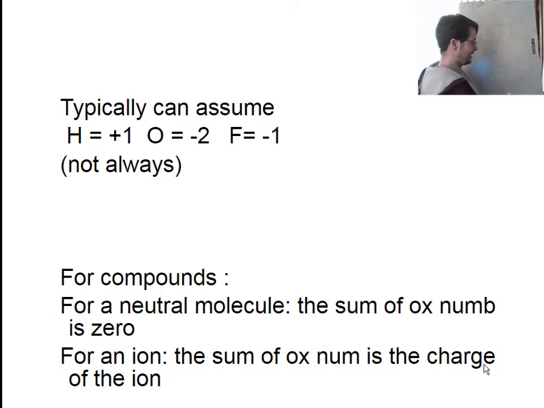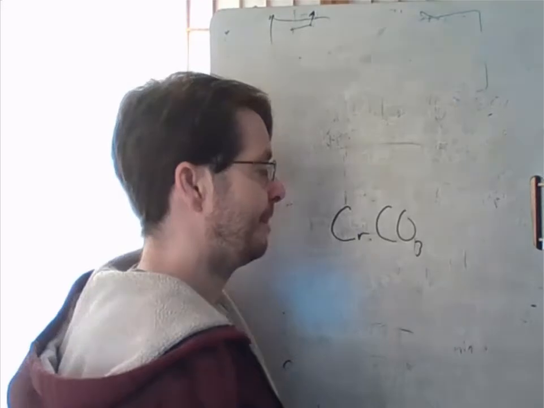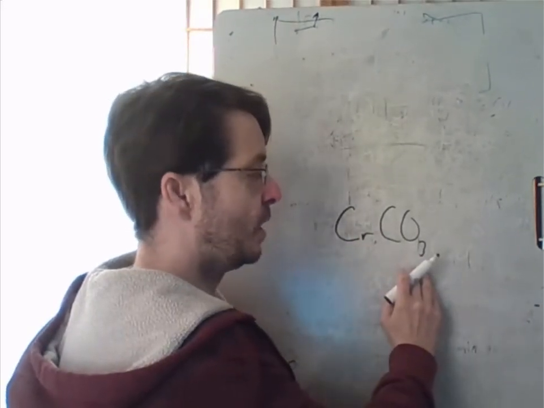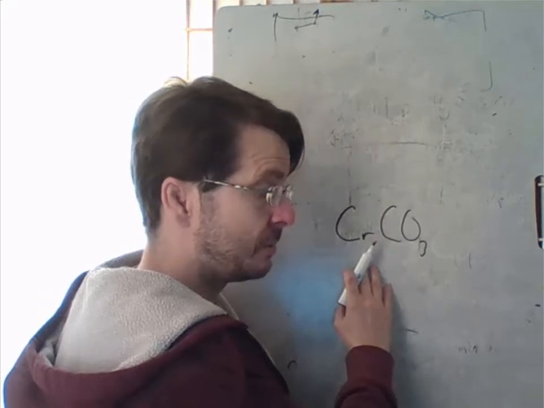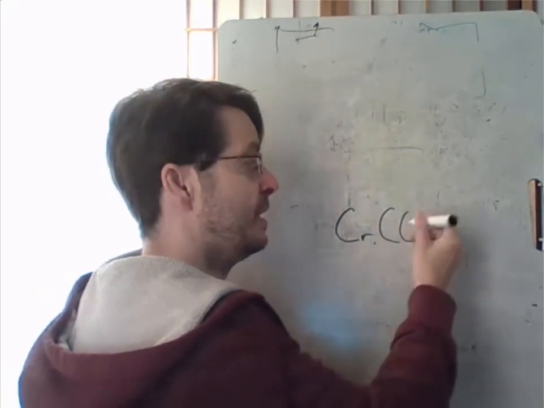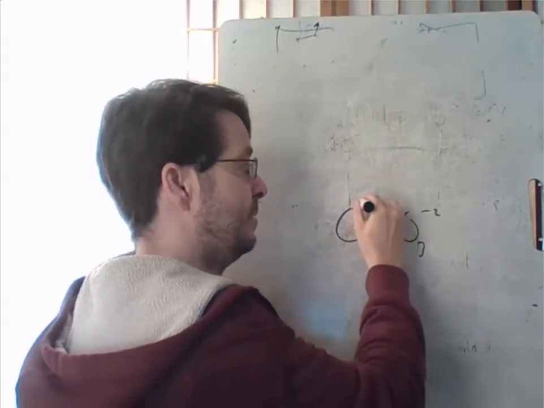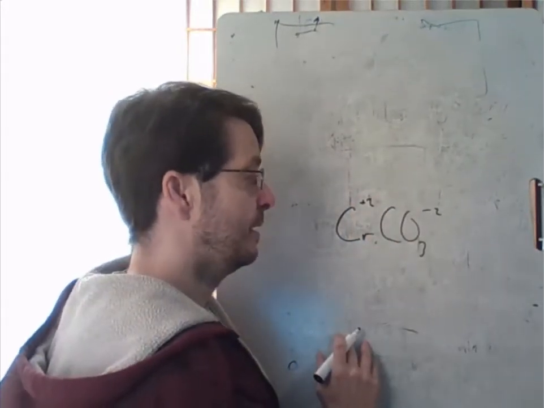Now, we've been doing things like this already. Again, it goes back to naming. Cr, CO3. This is chromium carbonate. This is actually not chromium carbonate. This is chromium 2 carbonate because we know that the carbonate has a -2 charge. The chromium has a +2 charge in this case.